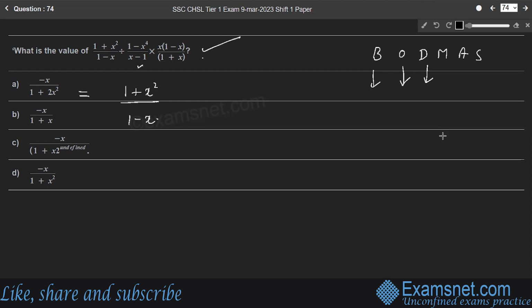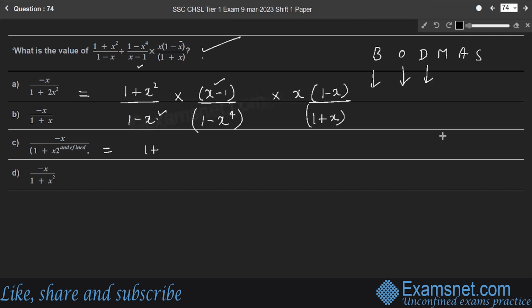So this x minus 1 will go to the numerator. So it becomes x minus 1 divided by 1 minus x raised to 4, into the second part will be as it is, 1 minus x by 1 plus x. Right? So here we'll write this x minus 1 as minus of 1 minus x, because we have 1 minus x in the denominator, we can easily cancel, right?